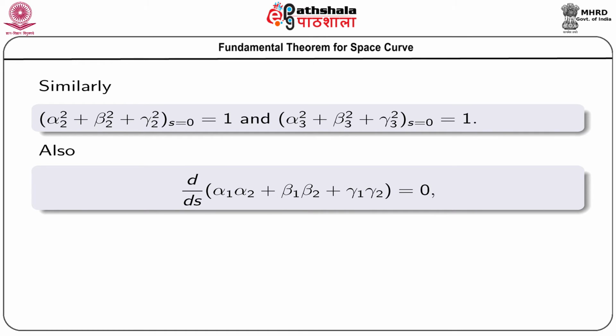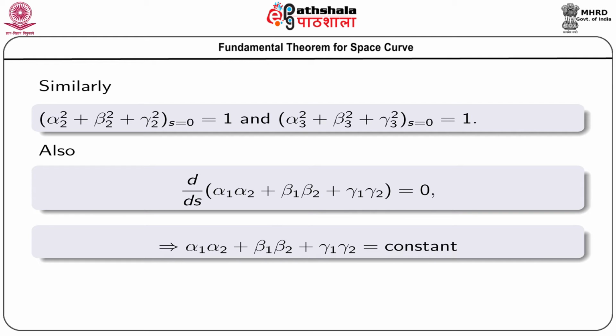Also, d/ds of (alpha 1 alpha 2 + beta 1 beta 2 + gamma 1 gamma 2) equals 0. This is coming because we have taken the differential equations in this manner. So, we are putting the values of the differential equations which we have taken at the first, and we are putting these values to get the expression equal to 0.